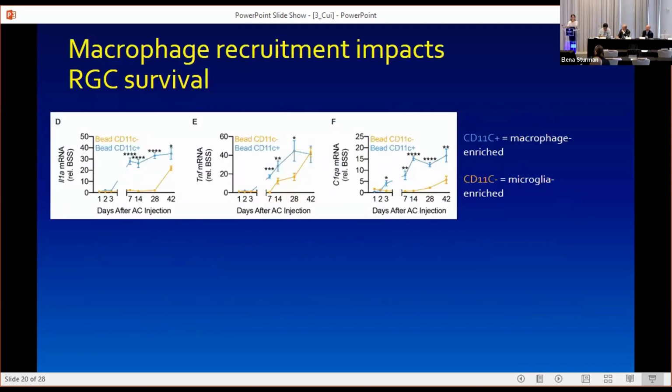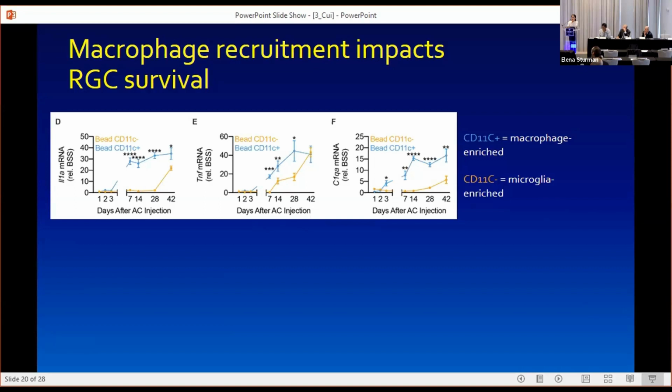Okay, so with the remainder of my time, I want to talk a little bit about next steps and what we're thinking regarding pursuing some of the questions that came up in the process of working on this study. If you recall from a few slides ago, what we saw was that retinal macrophages and microglia do not respond the same way to intraocular pressure elevation.